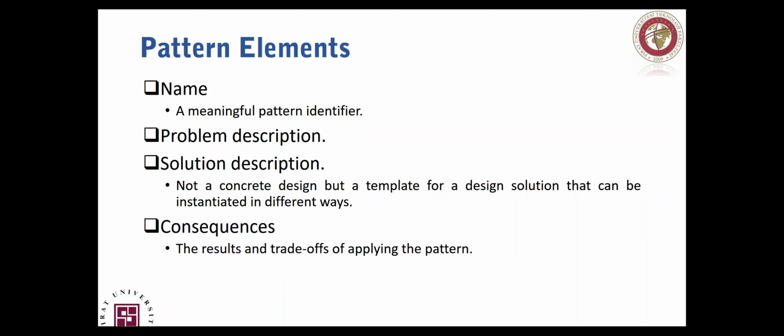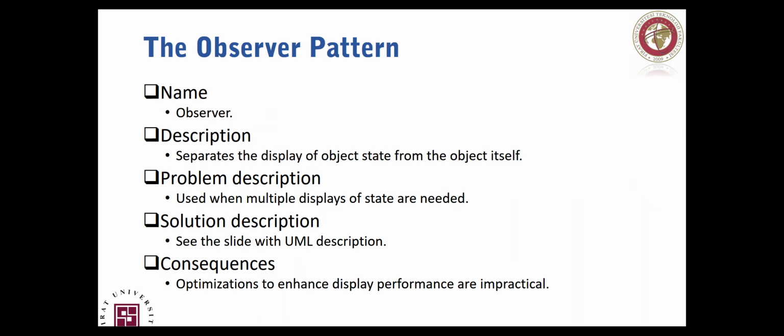No, we give you just a template to create your own instance of the solution. Then the consequences: what about when we apply this design pattern to solve some problem, what about the advantages and disadvantages? I mean the trade-offs, the compromises that we need to make. So these are usually the general elements that we have in a design pattern.